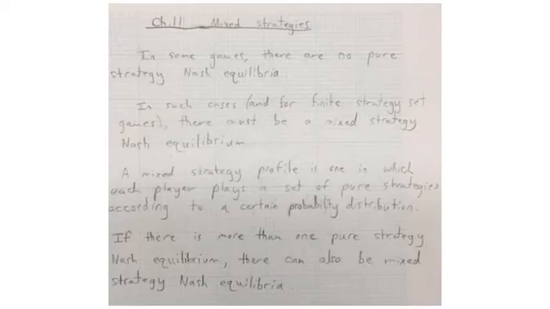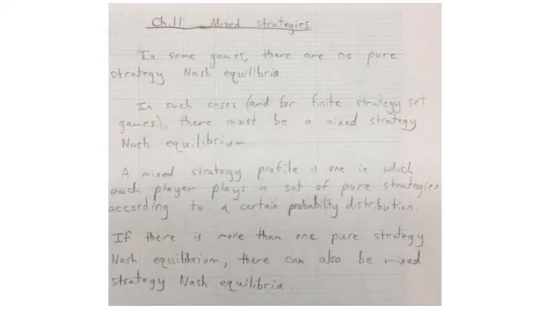A mixed strategy profile is one in which each player plays a set of pure strategies according to a certain probability distribution that they've chosen. If there is more than one pure strategy Nash equilibrium, there can also be mixed strategy Nash equilibria.